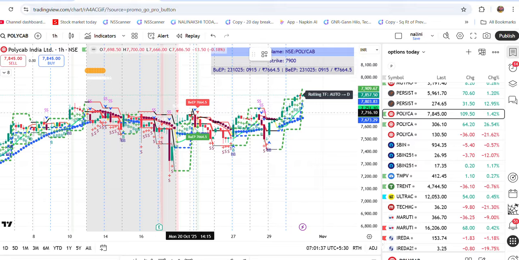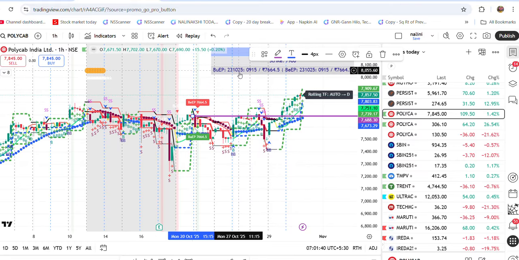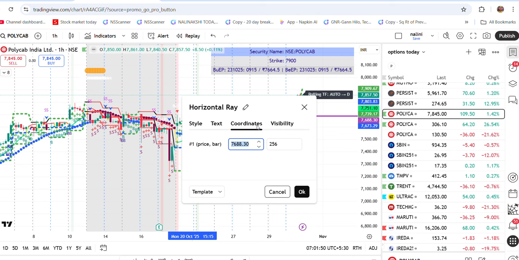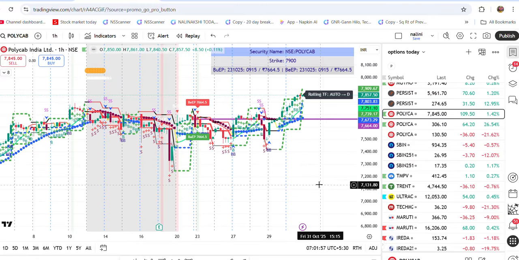The table says it is on 23rd, at 7,664. Let me adjust the coordinate to 7,664.